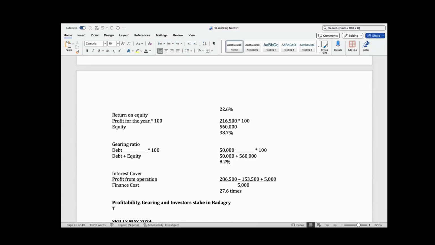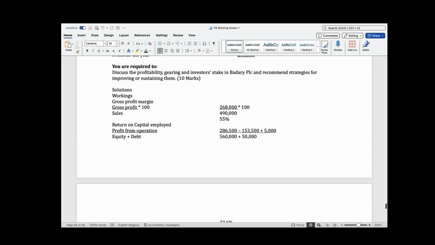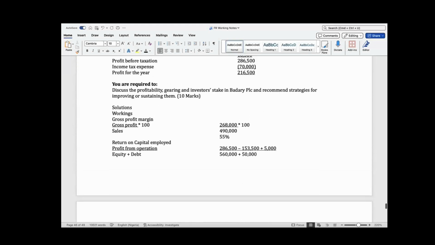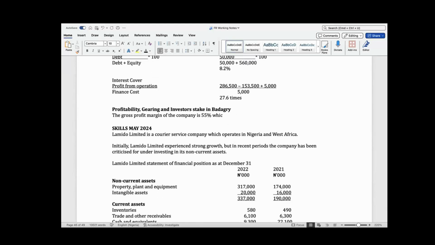So the gross profit margin of the company is 55%, which shows that it makes 55% on every sale made.